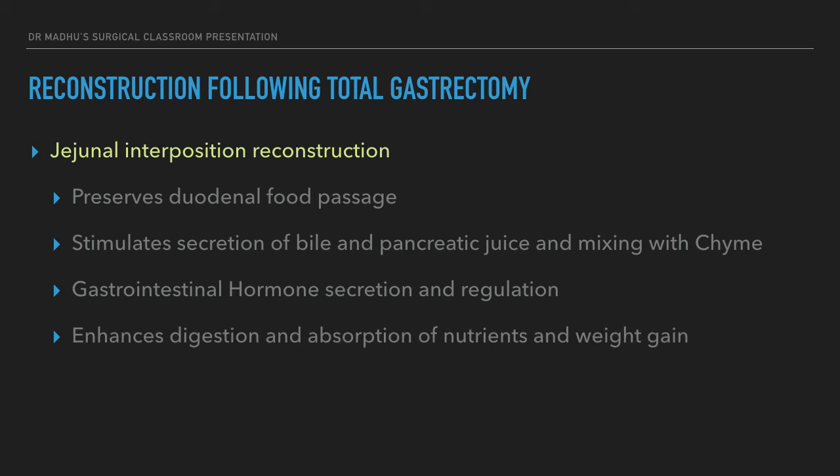So by the secretion of hormones and the preservation of the natural duodenal food passage, the digestion and absorption of nutrients is much better compared to a Roux loop esophagojejunal reconstruction. Overall, this results in a very good weight gain, and it improves the long-term quality of life.